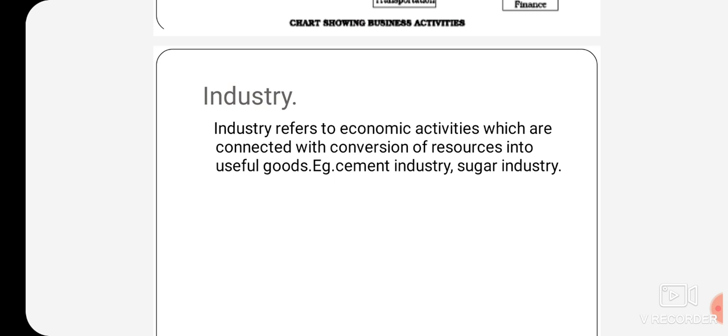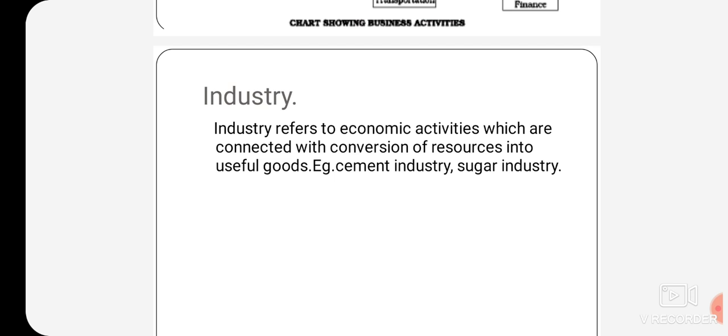For example, here we can see cement industry, sugar industry, right? Cotton textile industries, electronic industries. We can see different types of industries which are using different raw materials for the sake of providing the ready-made or usable product to satisfy the requirement of human beings. That is what industry does, right?